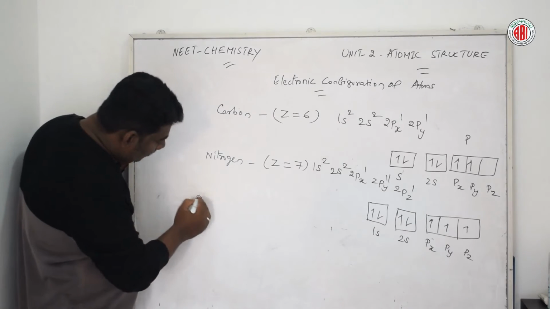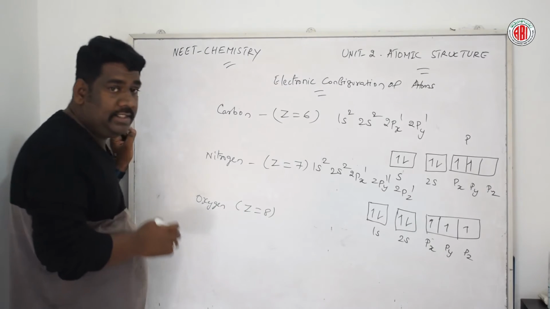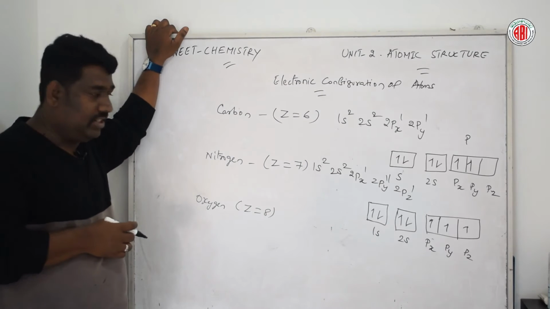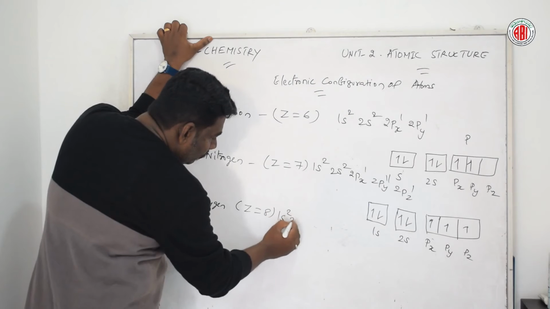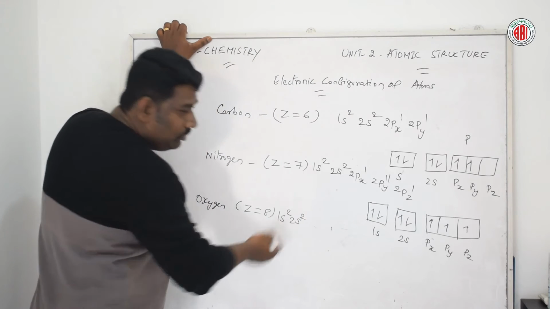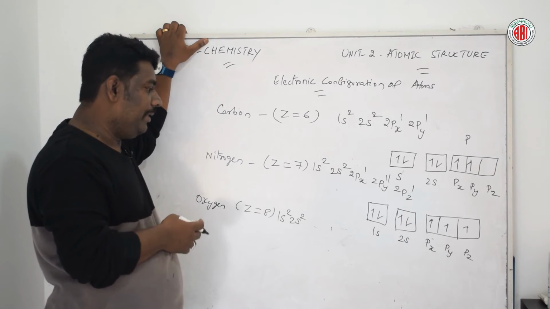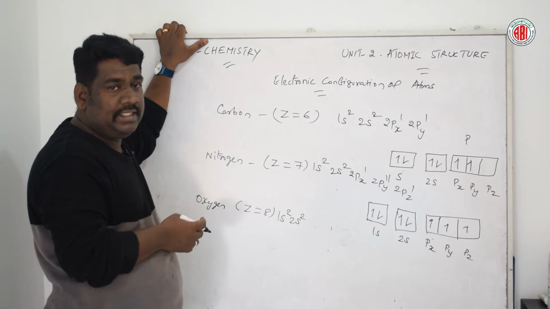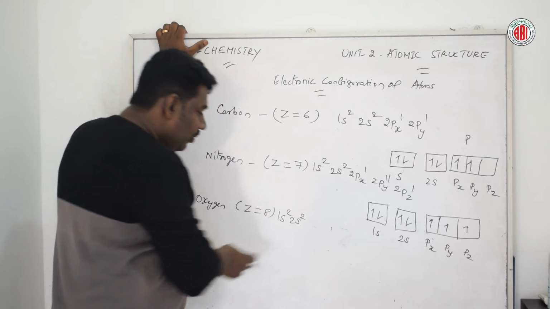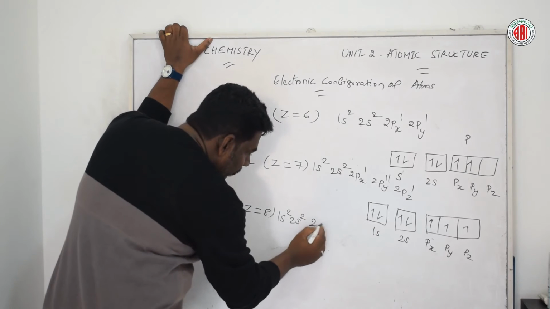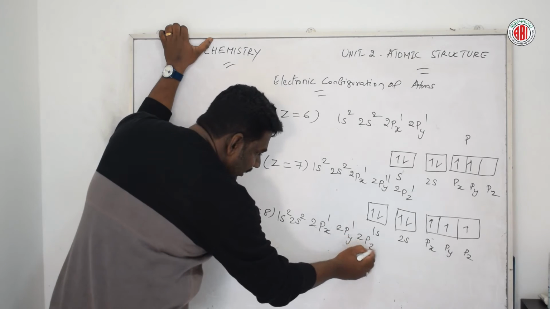Similarly, talking about oxygen, the atomic number Z is equal to 8. Here also we first fill 1s2, 2s2, 2 electrons each, and then 2px, 2py and 2pz, where the rest of the electrons should be filled. How? Initially we put 2px 1 electron, 2py 1 electron, 2pz 1 electron.